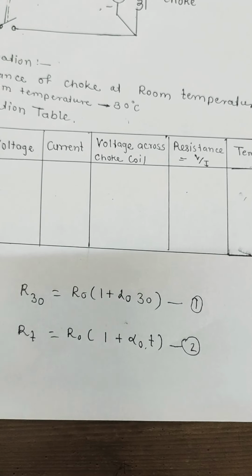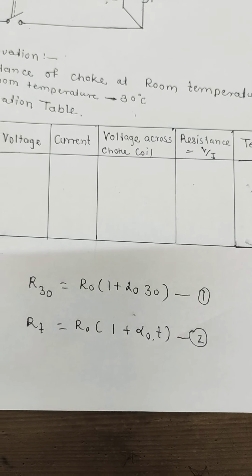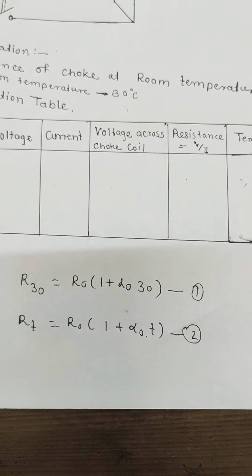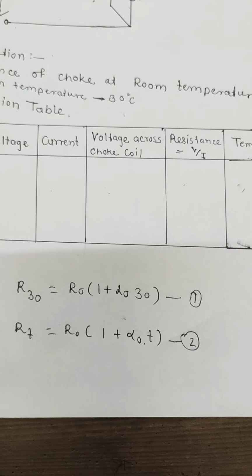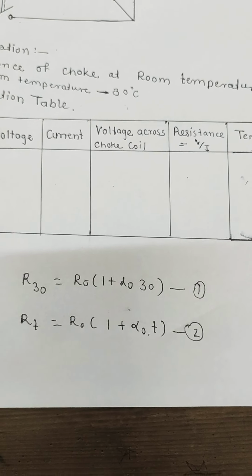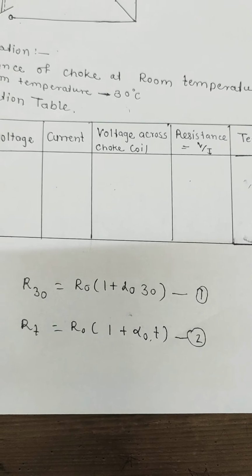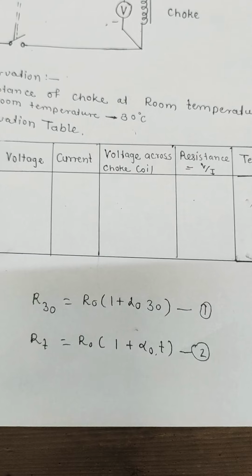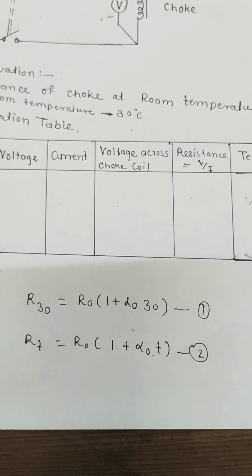Here we measure. So the first equation: R30, the resistance at 30 degrees centigrade, is equal to R0 into bracket 1 plus alpha 0 into 30. After measuring the voltage and current, we get the resistance value.